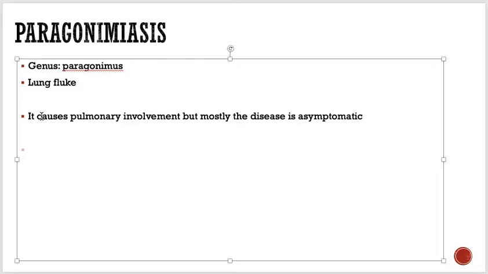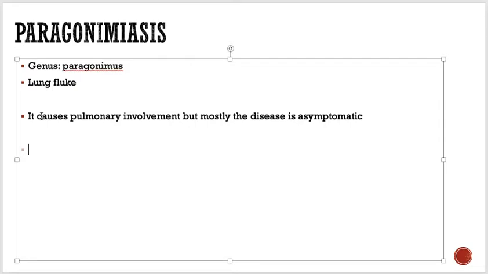There are two intermediate hosts and one definitive host in these patients as well. As I told you, this one is mostly caused when humans by mistake or accidentally consume this parasite, they get this infection.